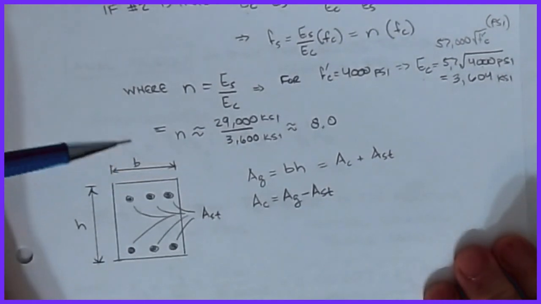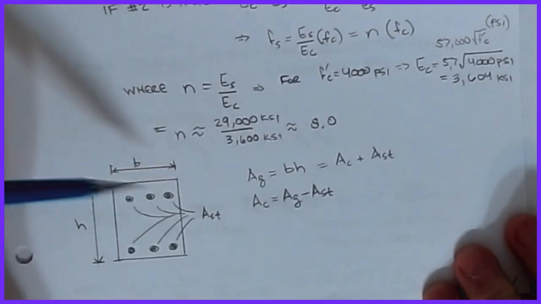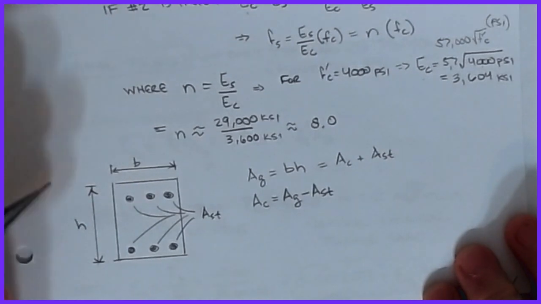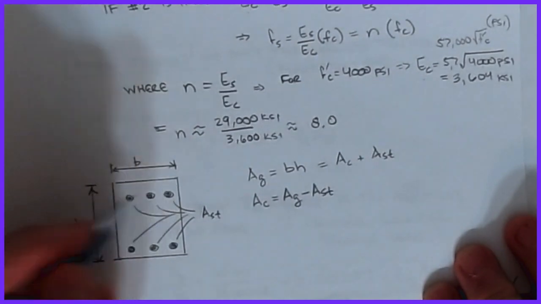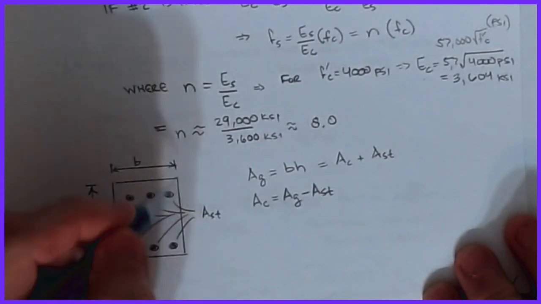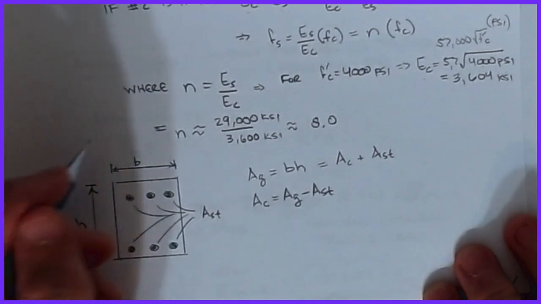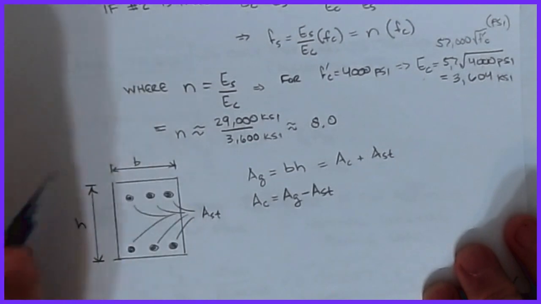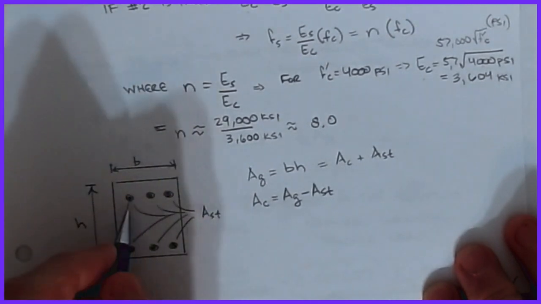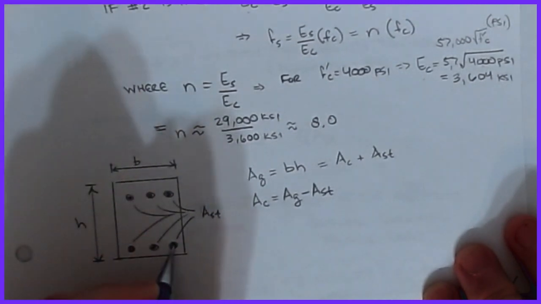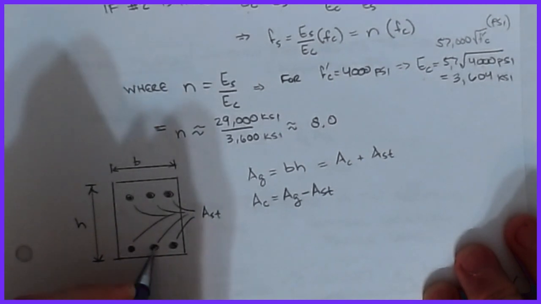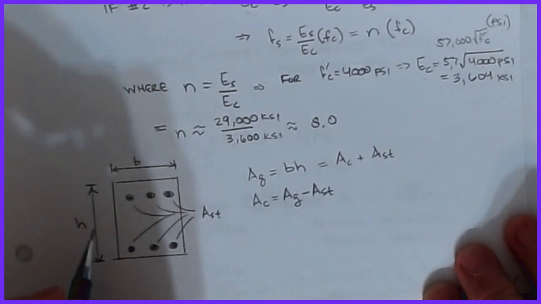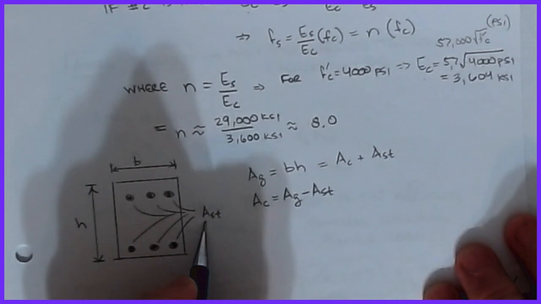So let's go through and see what we can start to figure out about a general cross section. We're going to look at a rectangular cross section, and we'll be doing a lot of these over the next couple of lectures. Say the rectangular section has a width of b, a height of h, and 6 reinforcing bars cutting through it that we'll call area of steel, Ast.